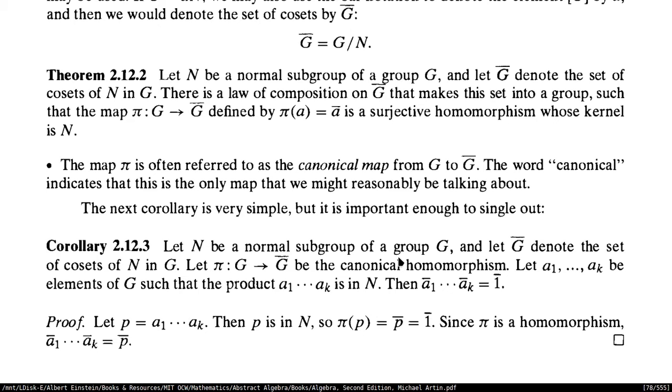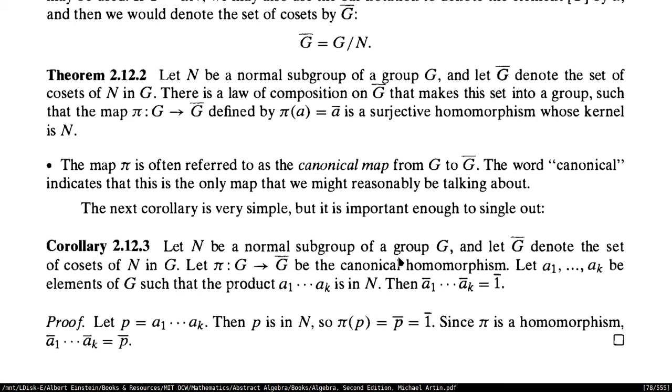So this set of cosets has a law of composition, and you have the map going from G to G bar, taking every a to the coset generated by a, and this map is a surjective homomorphism, and the kernel of this map is the normal subgroup N of the group G. Okay.